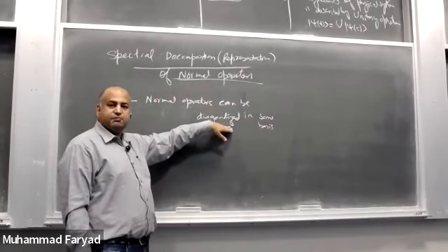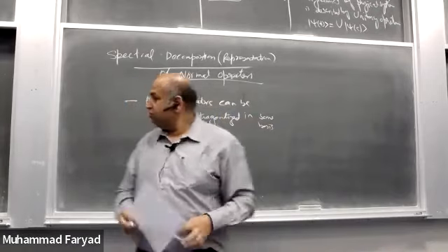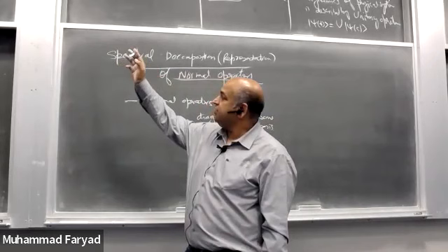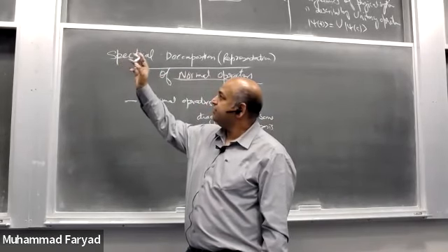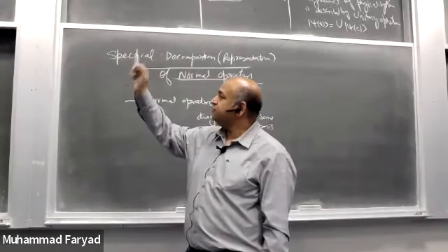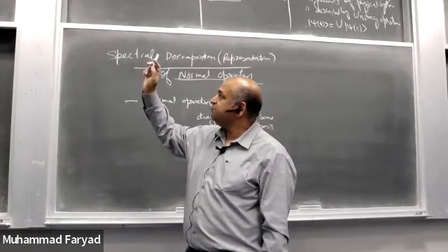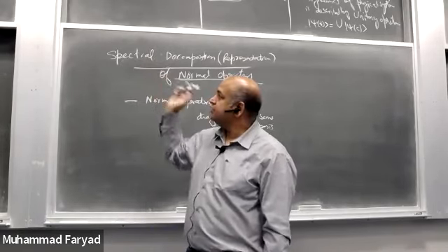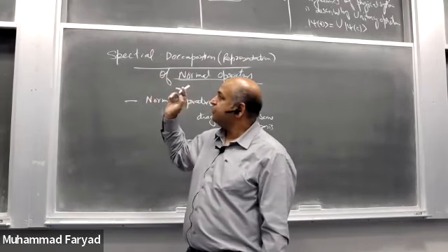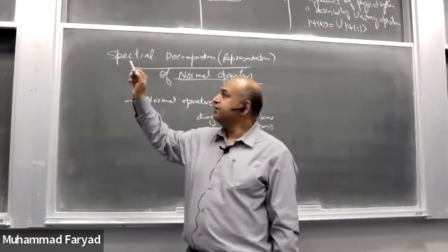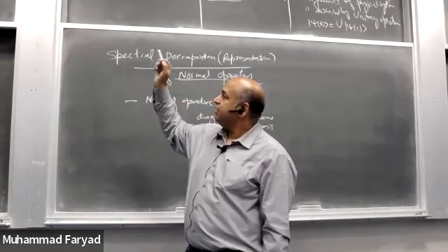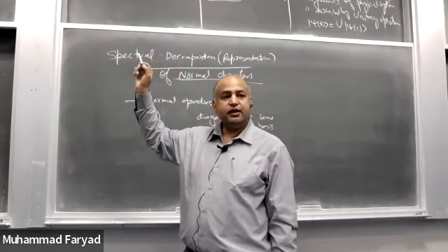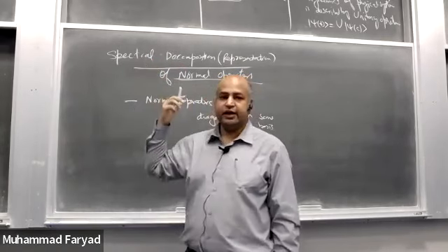in some basis. We saw that when we were connecting the operator with the matrices, that we can find the components of the matrix using the basis of the both vector spaces. And this theorem says that if your operator is normal, then there exists a basis with respect to which the corresponding matrix is diagonal.